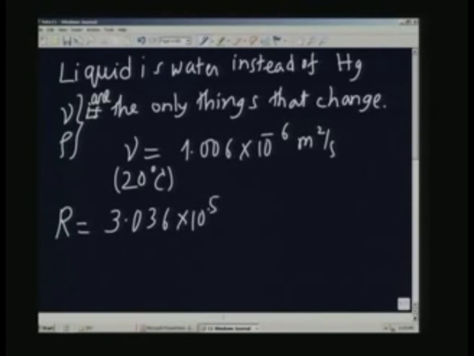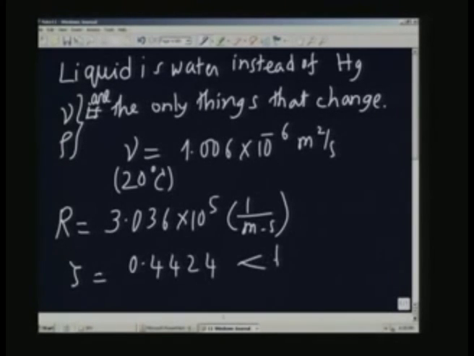Resistance has changed, this is again in 1 over meter second, and the parameter zeta becomes 0.4424, less than 1. It is still underdamped, but it is much more damped than the case of mercury which we saw earlier.